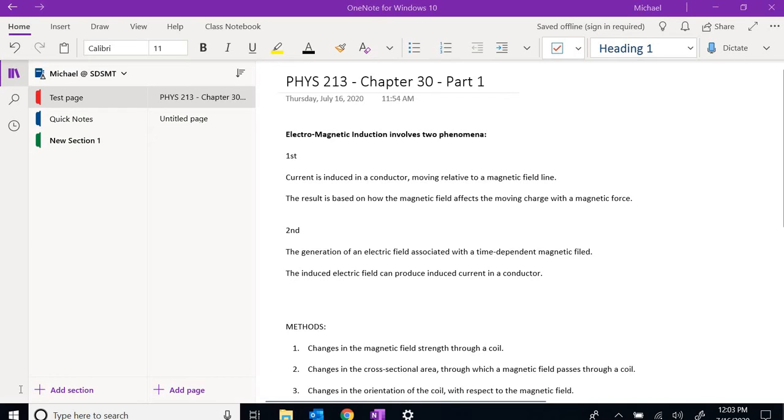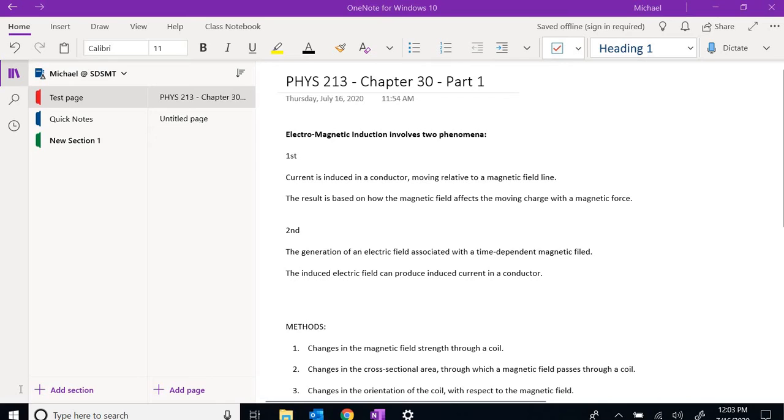And the root word there for induction is to induce, or to cause something to happen. What we're going to see is that we will be able to induce electric current by manipulating magnetic phenomenon within an area. But at the same time, we can also induce magnetic effects by manipulating the electric phenomenon in the area.